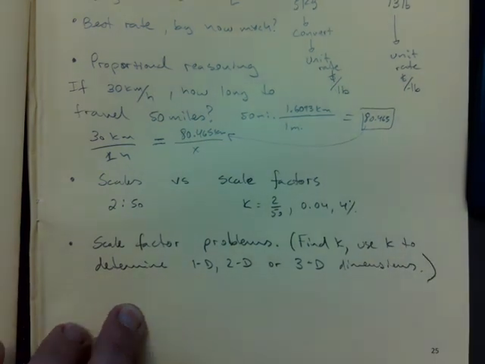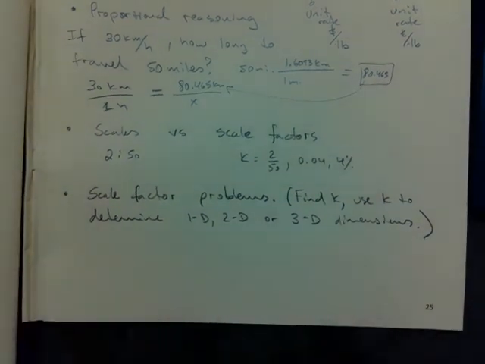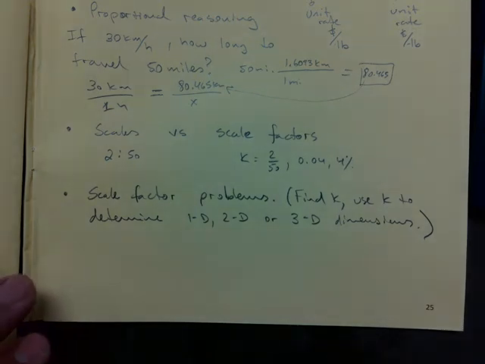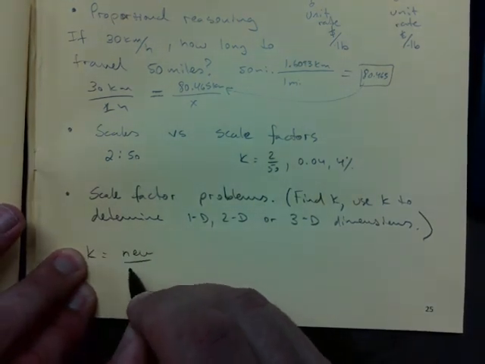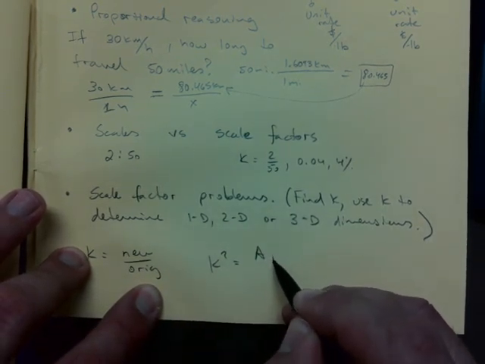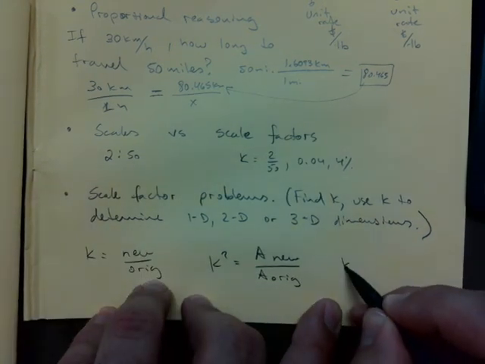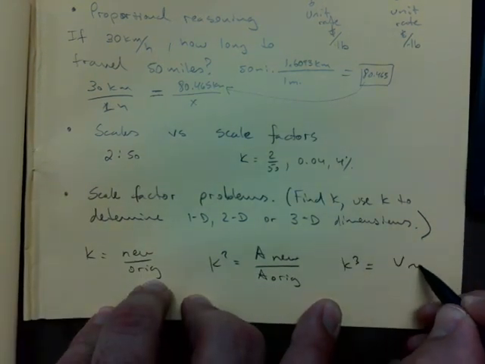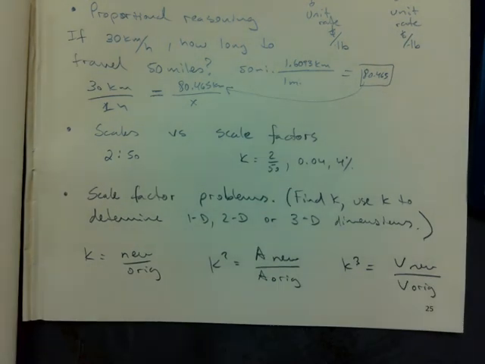So that's the whole diagram over actual, new over original thing. So keep that in mind. Area or surface area of new over area of original is K squared. K cubed is volume of new over volume of original. Okay. So keep that in mind.